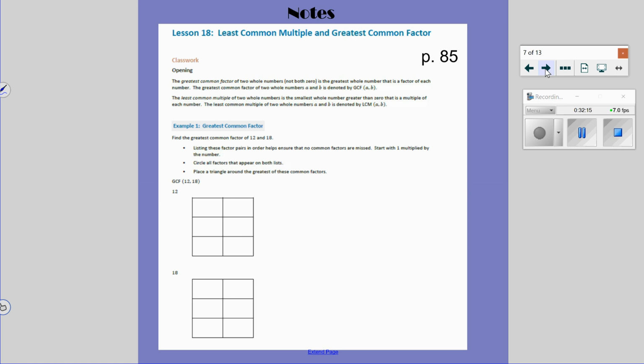So in a set of numbers, I compare the same set of numbers, my greatest common factor will be larger than my least common multiple, right? Does that make sense to everybody? Okay? Is there anybody that doesn't make sense to you? We're saying if I compare two sets of numbers, say 12 and 18, the least common multiple of 12 and 18 is going to be smaller than the greatest common factor. Does that make sense to everybody?